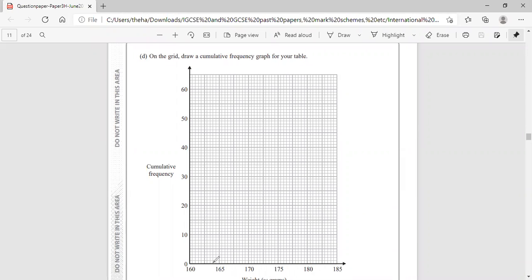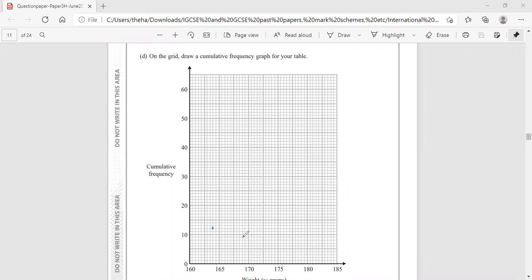The cumulative frequency, which is on the y-axis, is 12. So we go up to 12. This is 5, because that's 15, so we need to go down. 12 is here, so that's the first point on the graph.